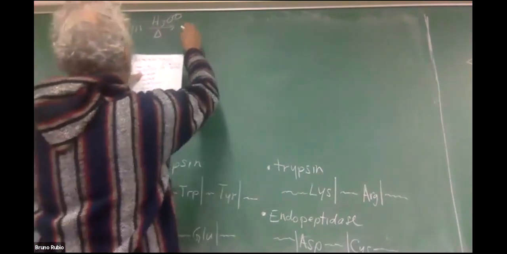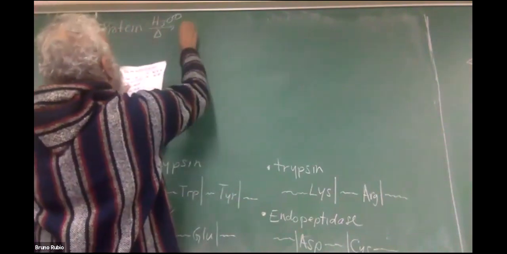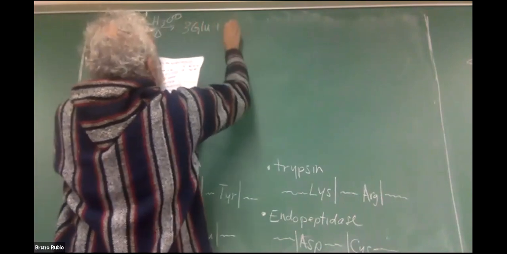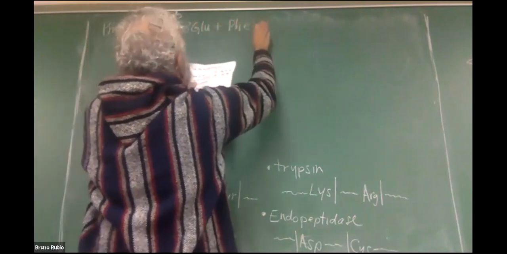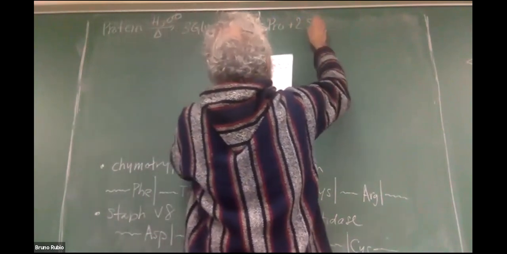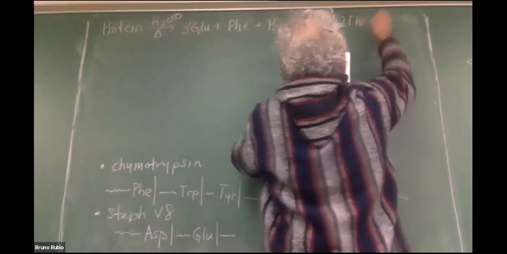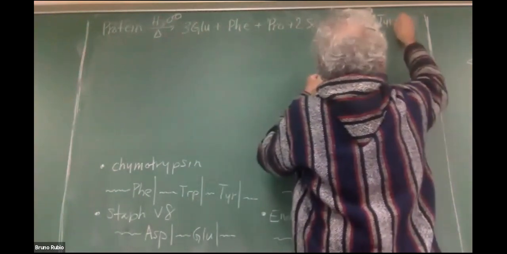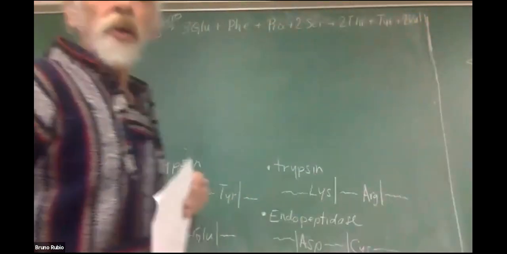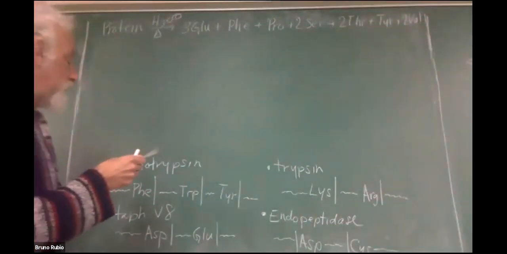So in this unknown protein, listed in alphabetical order, we've got 3 glutamic acids, a phenylalanine, a proline, 2 serines, 2 threonines, a tyrosine, and 2 valines. Okay, so those are the amino acids in the peptide.